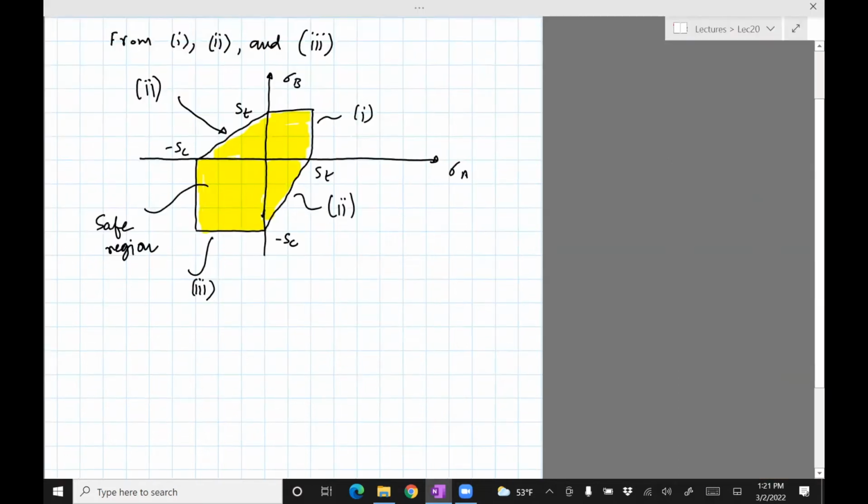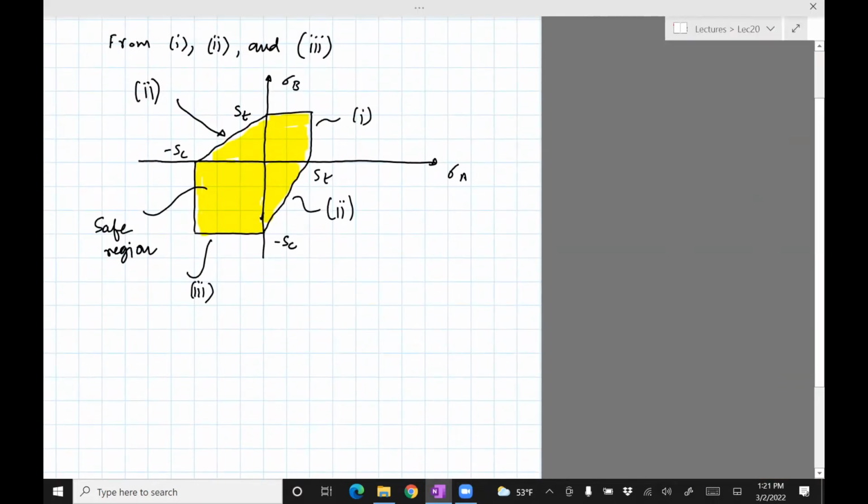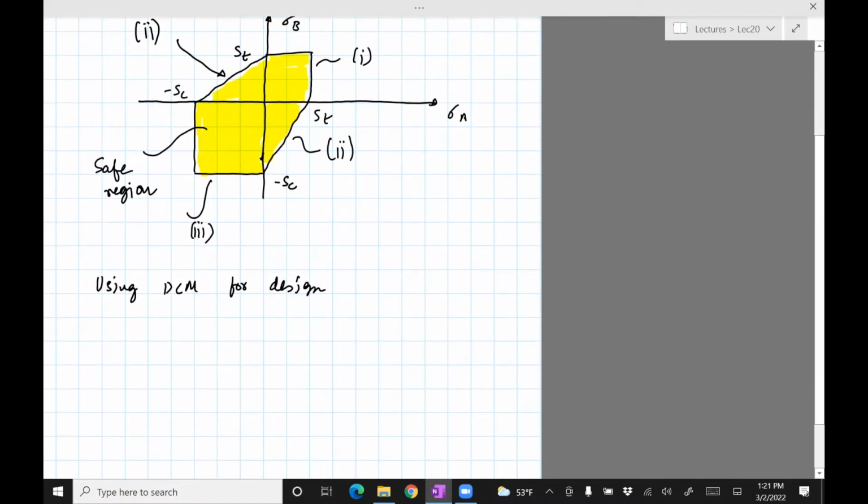So this is how you can predict if the material is going to fail under any loading for a material which has different properties in tension and compression. If you want to use this for design, you need to incorporate a factor of safety.